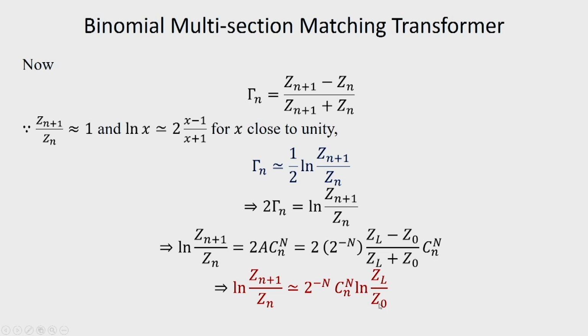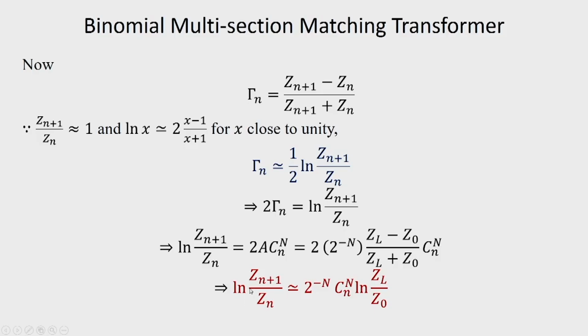Now, this gives us a relationship where we can calculate Z small n recursively. So, we start with Z0. Please note that the right hand side is known.